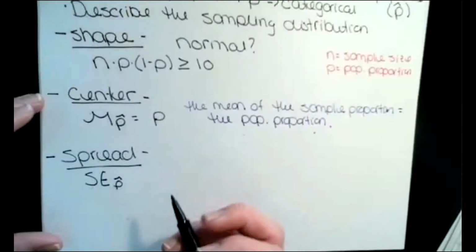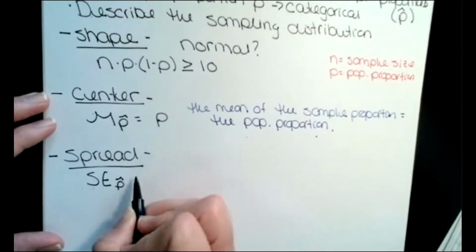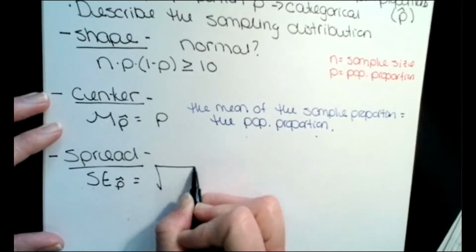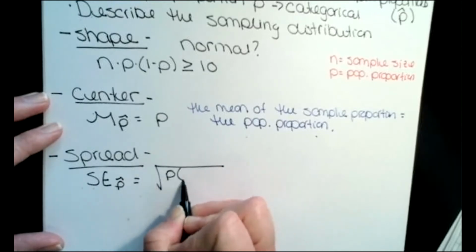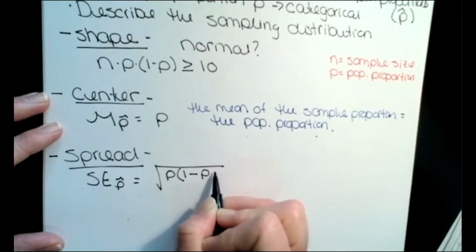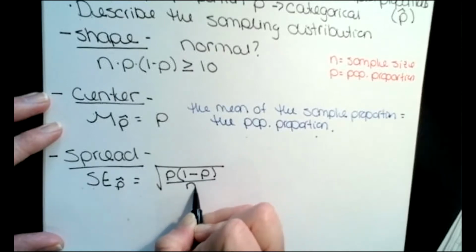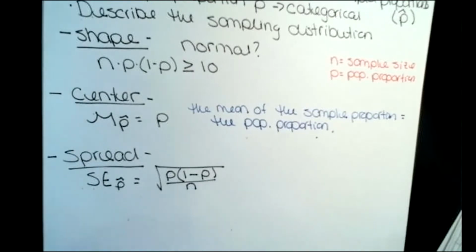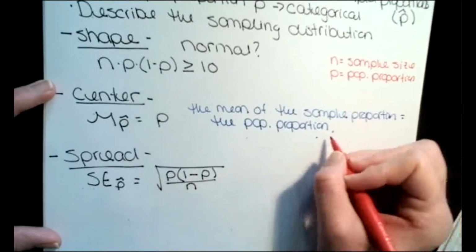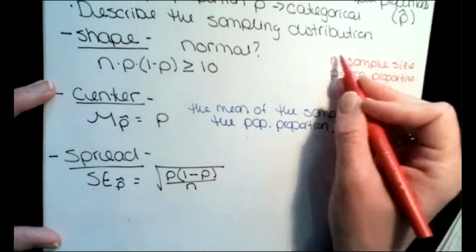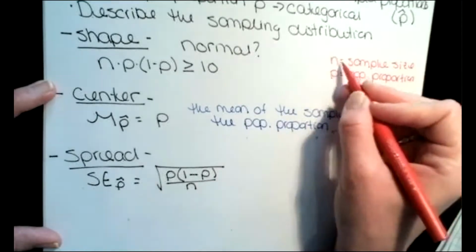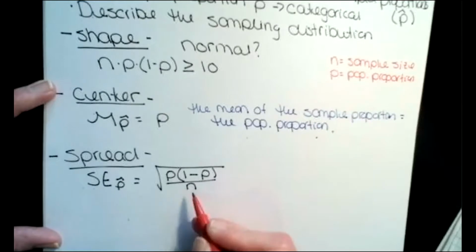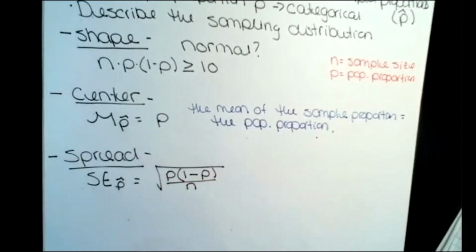So when I have categorical, it's for p hat. And the calculation for this is the square root of p times 1 minus p divided by n, all under the square root. N is sample size and p is population proportion.